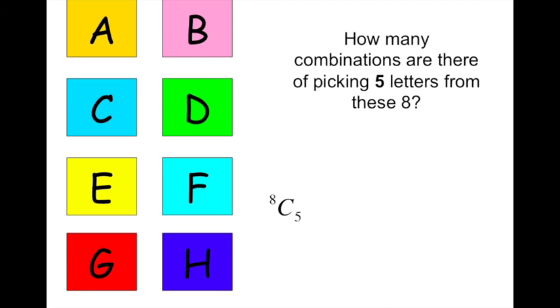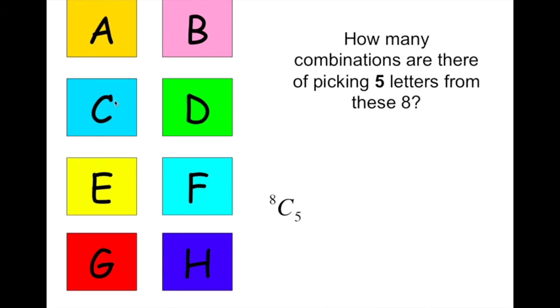Let's have a look at one more example. Let's say we wanted to work out the number of combinations of picking 5 letters from this list of 8. So 8 choose 5. Again, if I was thinking of the permutations, obviously there's 8P5, but that would mean that each combination of 5 is being treated as 5 factorial different orders.